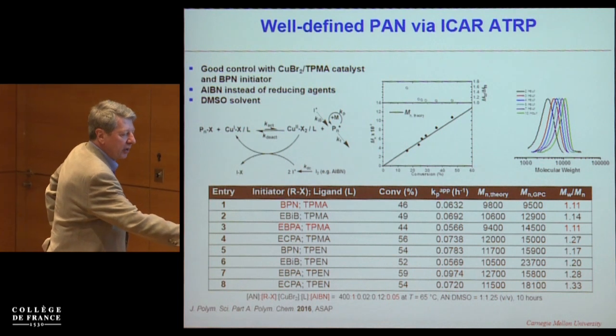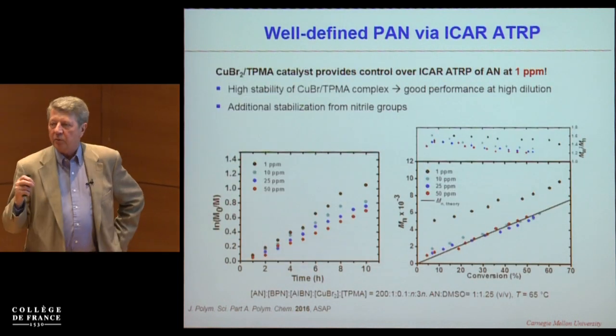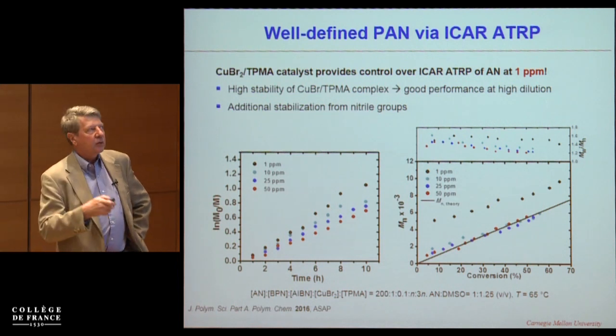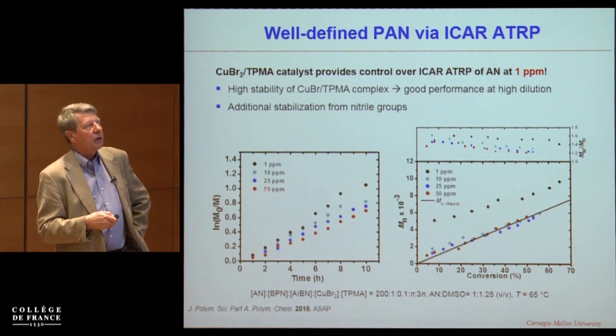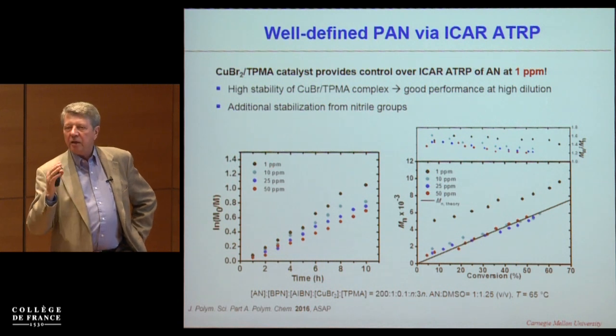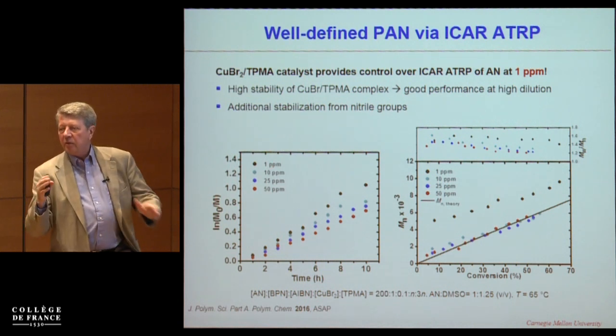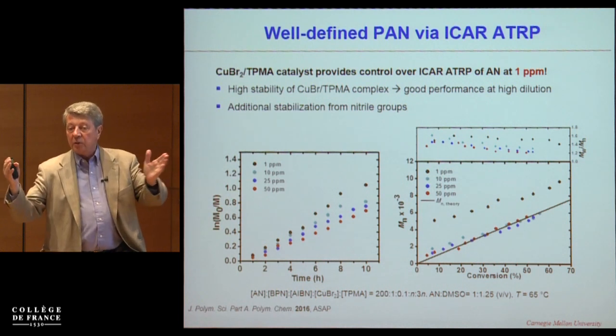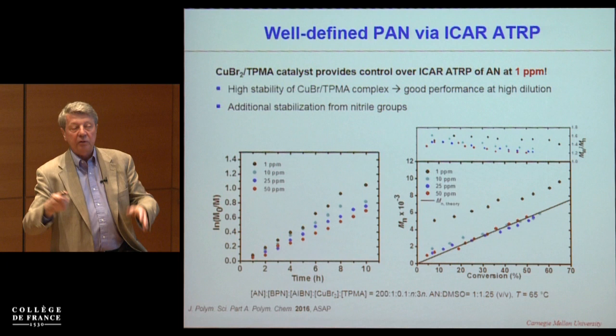So what will happen if I progressively reduce the amount of copper? This was at the end of my second lecture, telling you that if I go to lower and lower amounts of copper, I may still have control of molecular weight, but a broader and broader molecular weight distribution, because exchange reactions would not happen efficiently.